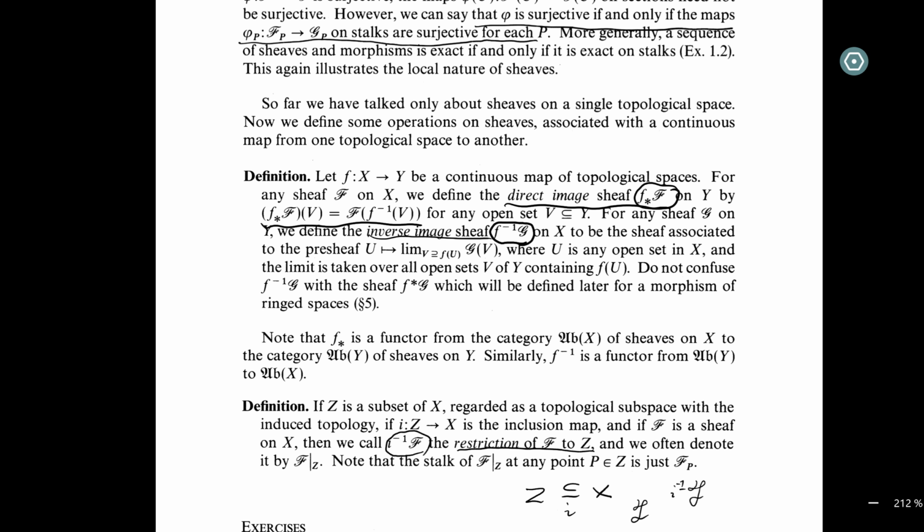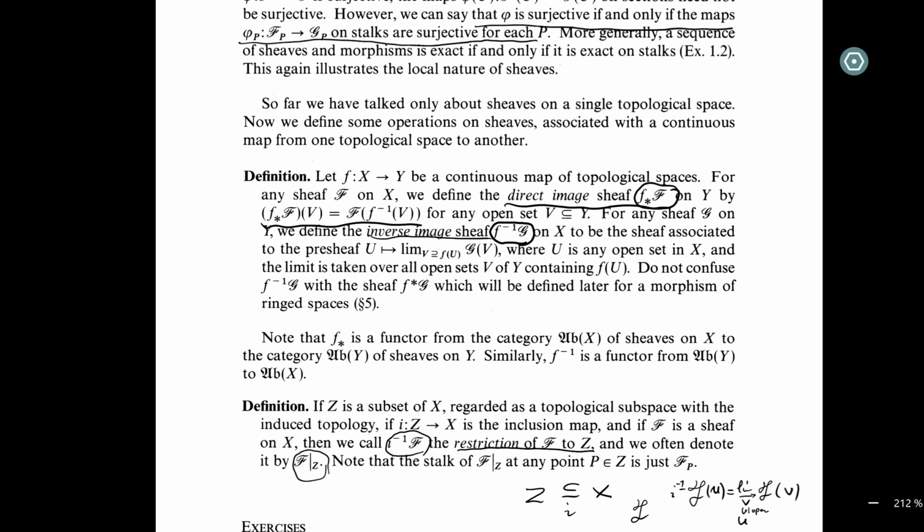So F evaluated on any open of Z is, by definition, F evaluated on U by injection into X and taking the inductive limit over all the opens containing U. Denote this by restriction.